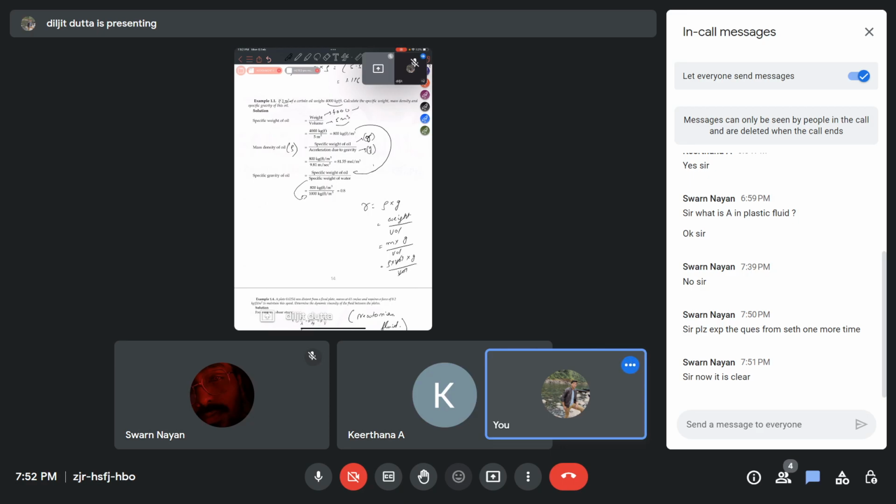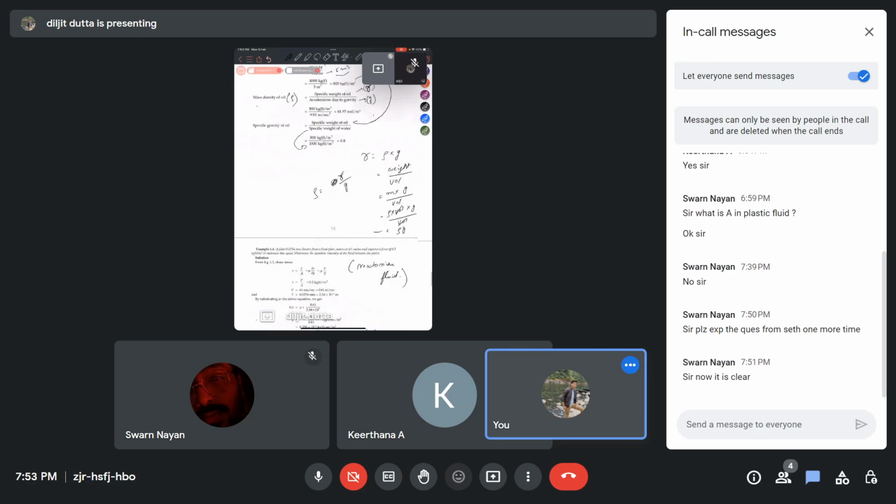So volume gets cancelled, so specific weight equals rho into g. If you need to find rho, then rho equals specific weight divided by g. That is what they have used in this formula. And then specific gravity is the specific weight of the oil divided by the specific weight of water. That's how it is calculated.